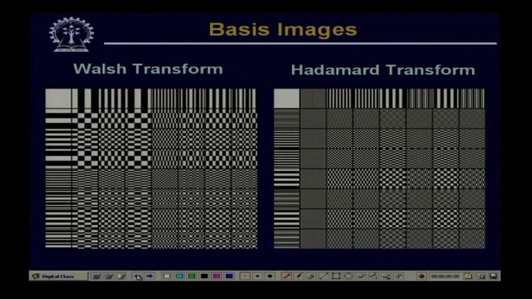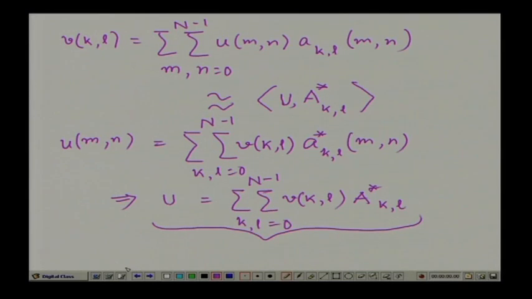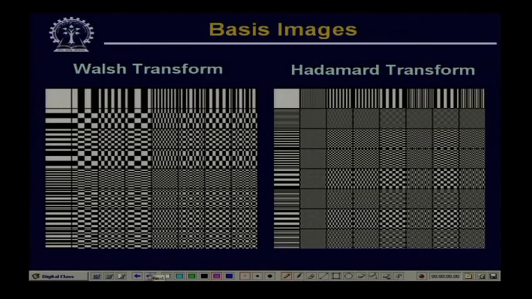And as we have said, this VKL is nothing but the inner product of the KLth basis image. So, when you compute this VKL, as we have seen earlier, it is represented as the inner product of the input image U and the KLth basis image A star KL.